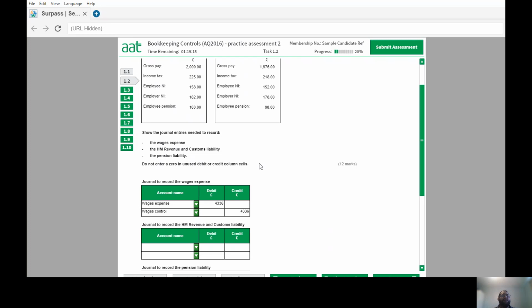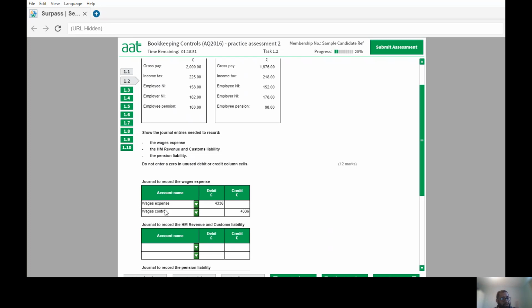And then they're asking you to find out your HMRC liability. So HMRC liability is all of your national insurance, employer plus employee, plus the income tax. So 225 plus 158 plus 182 plus 218 plus 152 plus 178. If you add all of those together, £1,113.